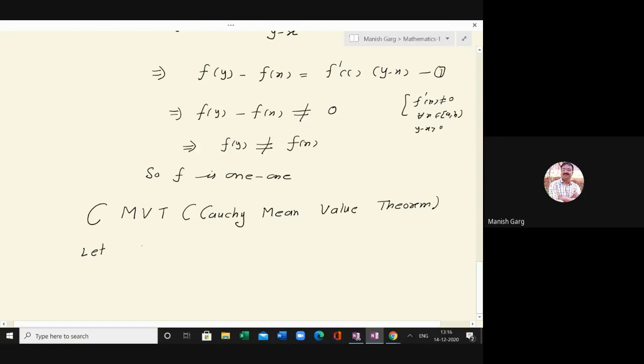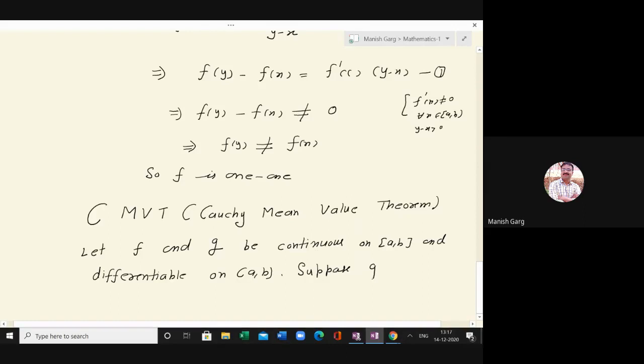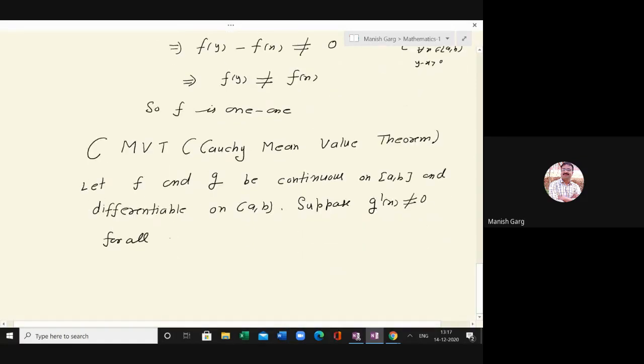It says let f and g be continuous on the closed interval [a, b] and differentiable on the open interval (a, b). And suppose g dash x is not equal to 0 for all x in (a, b).